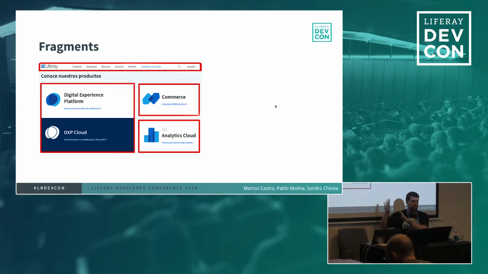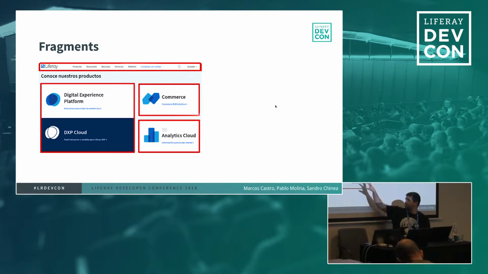I don't know if this is implemented with fragments because I didn't make liferay.com. These different parts are parts of the interface that we identified, and they are isolated from the rest of the page. And when I say isolated, I don't mean that their code doesn't interact with the rest of the page. I just mean that they compose a solid part of a web page. And this is what we call fragments.